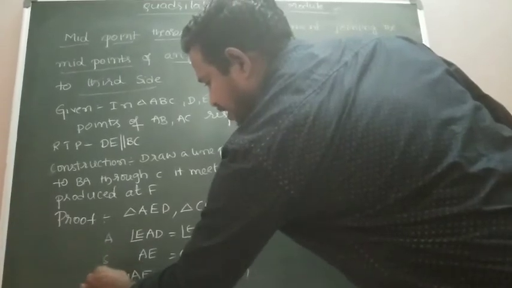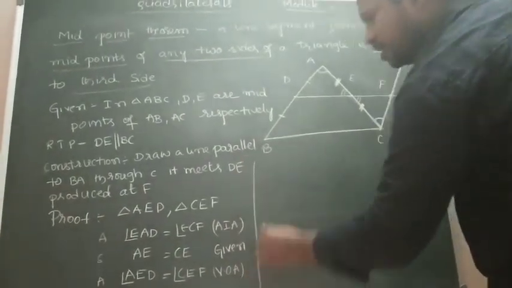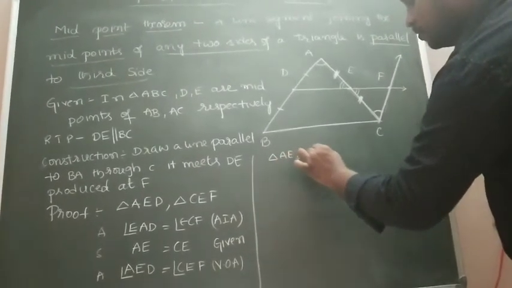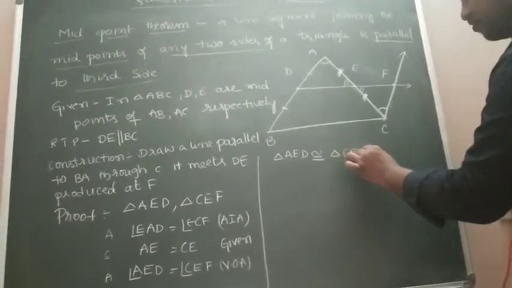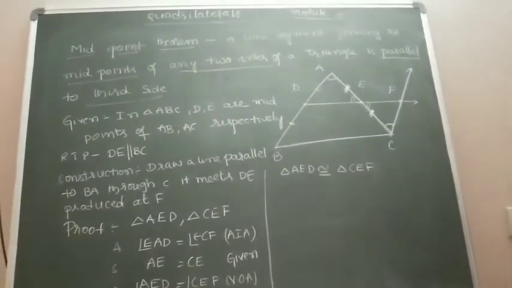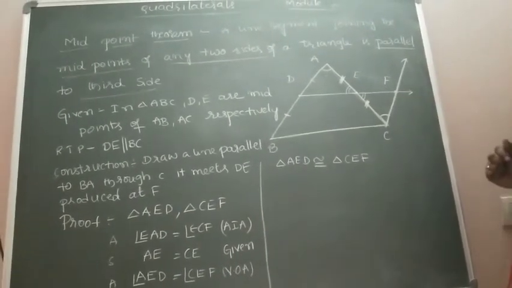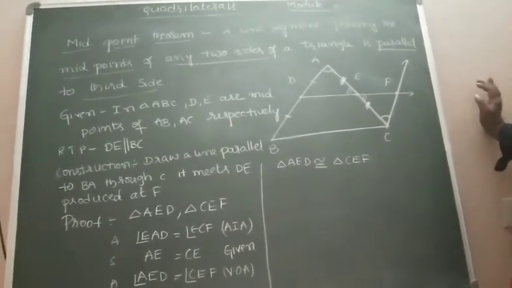Angle side angle. By ASA congruency, triangle AED is congruent to triangle CEF. If two triangles are congruent, corresponding parts are equal by CPCT.